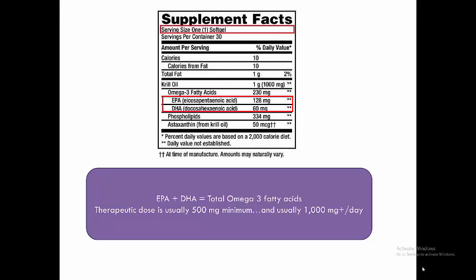So the higher quantity of omega-3 fatty acids in a capsule is going to be rare in a store. It oftentimes is going to be a prescription grade dose, and there are actually some brand names of prescription grade fish oil for that very reason.